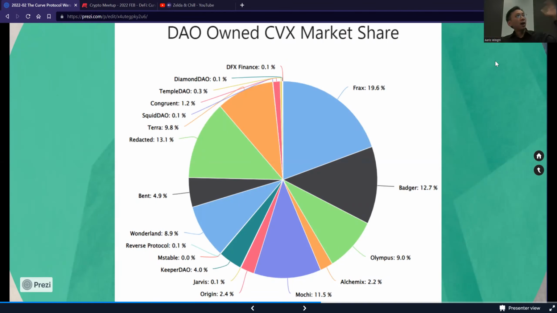So the top holders of the CVX token currently are Frax, Redacted, and Olympus Badger. These are like DeFi plays. All right, so they're trying to acquire more and more of this.